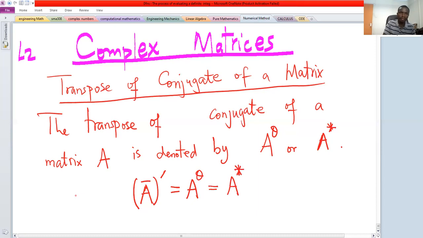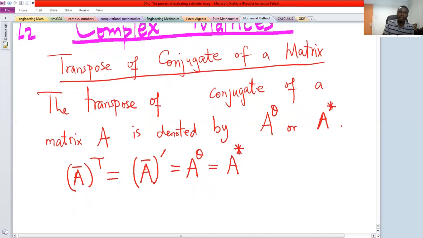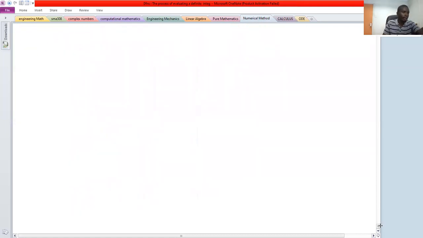Remember, the transpose of the conjugate of A is the same as writing A then this prime or this power T. So these have the same implication.